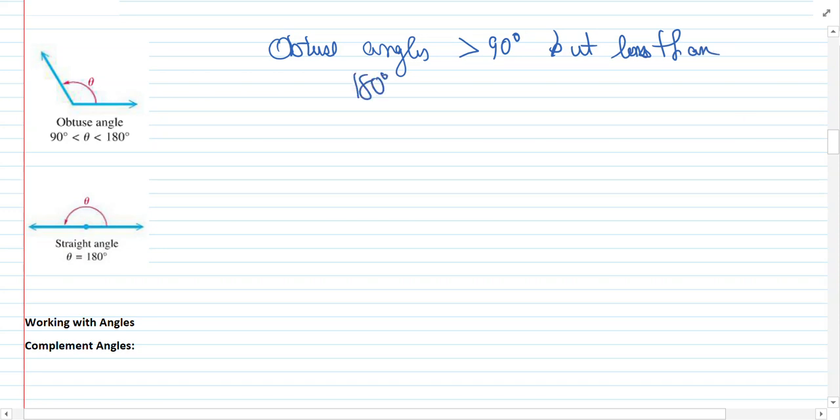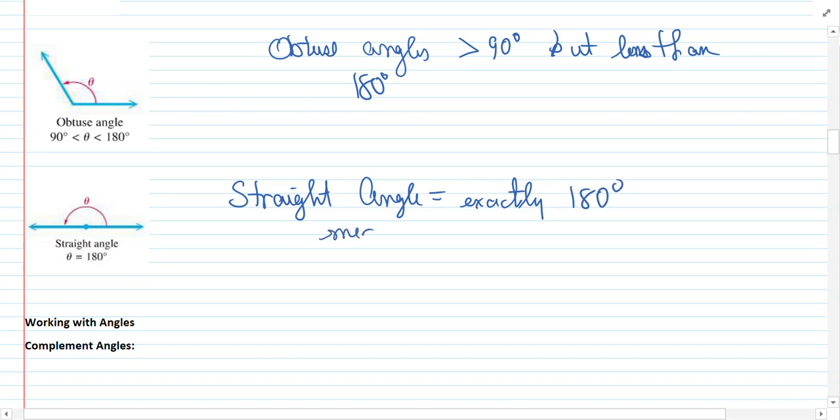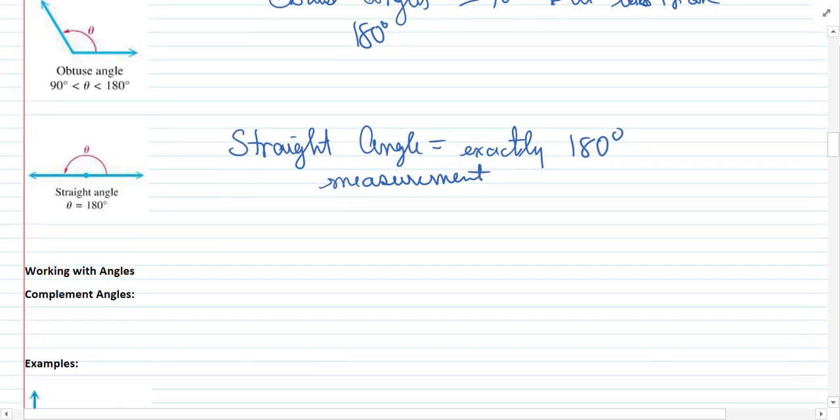And then we have the straight angle. Exactly 180 degree measurement and it is called a straight line. It creates a straight line.